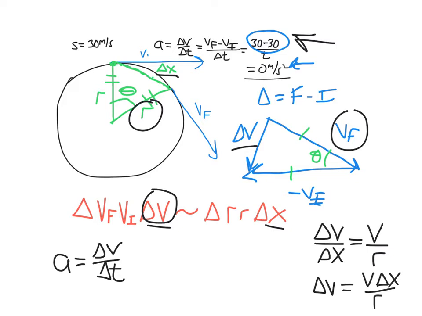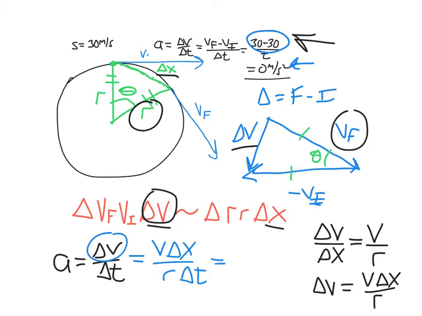And we can substitute that in for delta v over here. So that leaves us with v delta x over r. That's our delta v, and we have a delta t. And we want to clean this up a little bit.